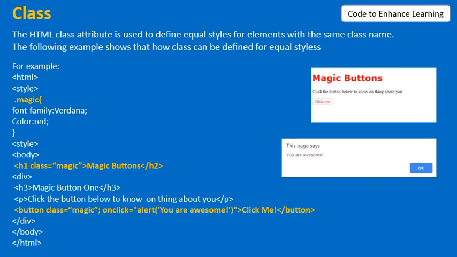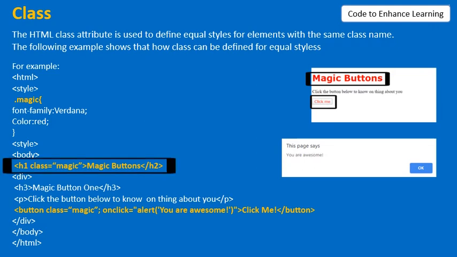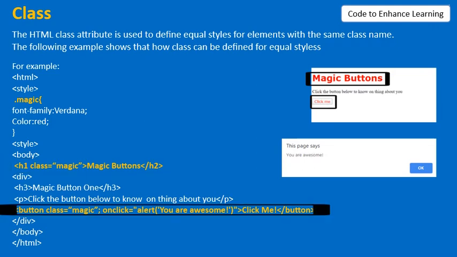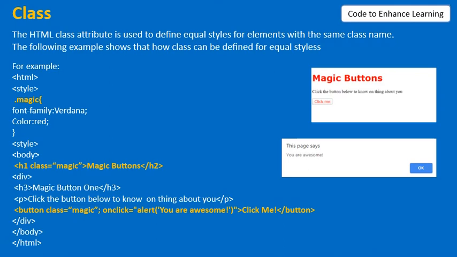The following example shows how class can be defined for equal styles. In the following example, we want red color with Verdana font for the title as well as the button text. Now, one way of doing this is by adding IDs for both of the elements, but then the code becomes a bit long and it's not nice. We can define same class for both the elements and give them a common styling property.